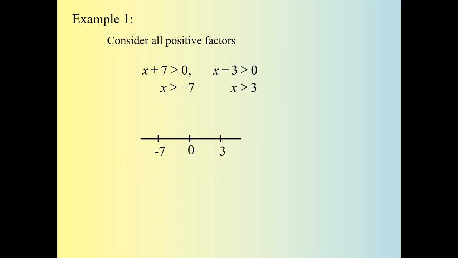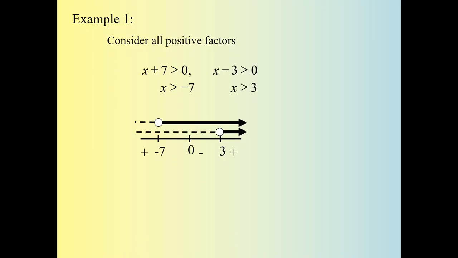So you draw the number line, -7 and 3, and x greater than -7 is denoted by a solid line which is positive, and then the tail is negative, denoted by a dotted line. For x greater than 3, solid line, and x less than 3 is a dotted line representing a negative sign.